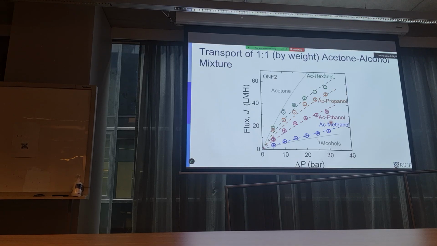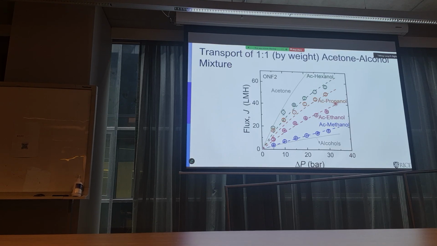You mix them and then run the experiment through the membrane, and this is the flux that we get. This is the flux only with acetone, single solvent, and this is the flux only with propanol, single solvent. And we can fit the data, with little curvature, by fitting the affinity parameter, and the affinity parameter that we get was always in the range between acetone and propanol, for example.